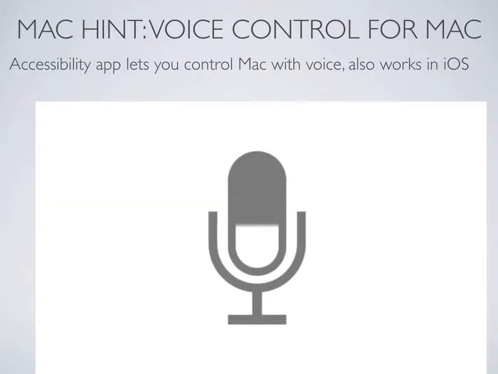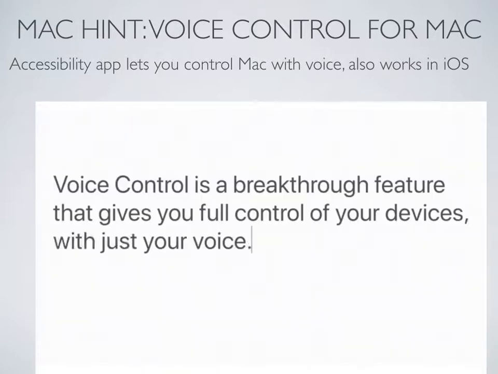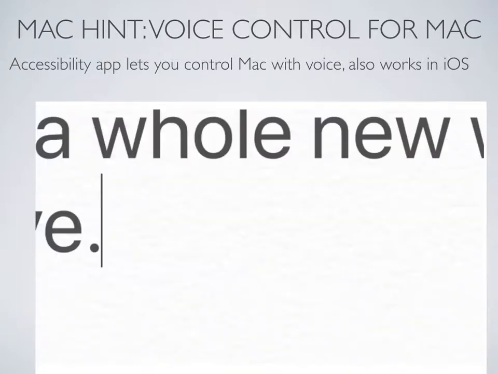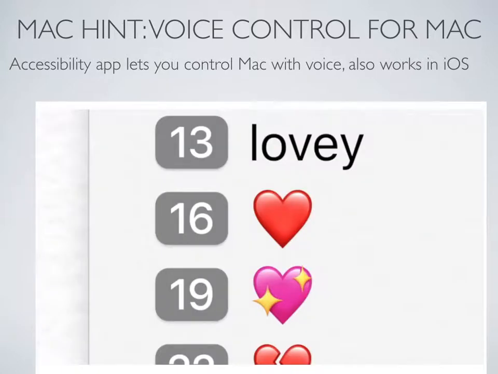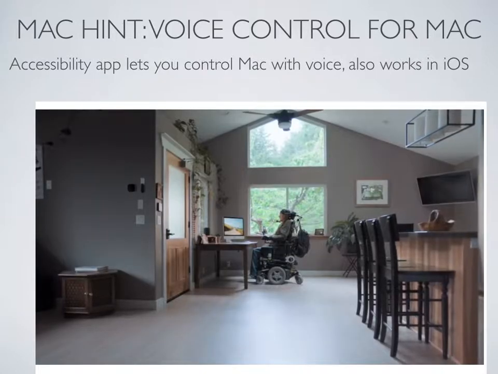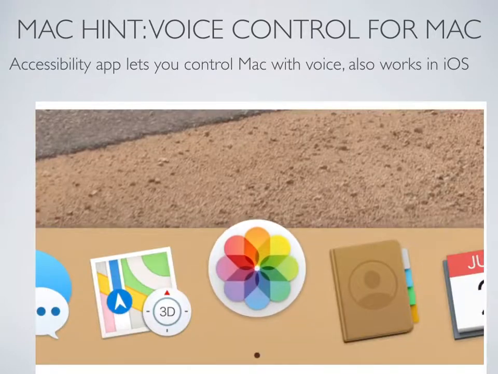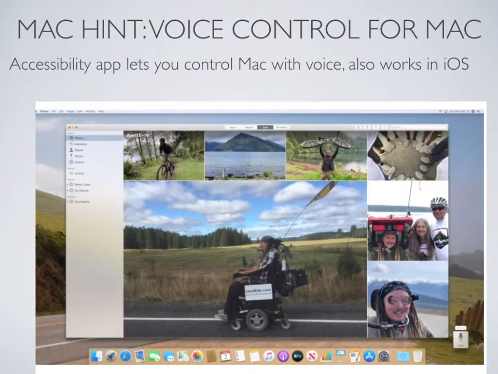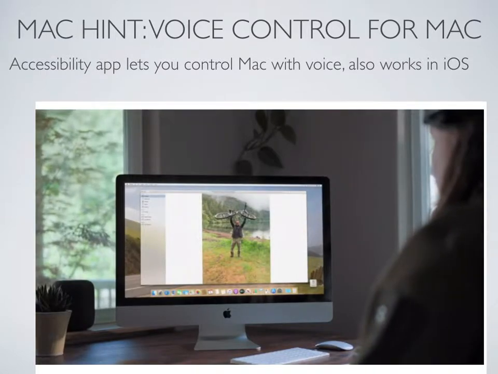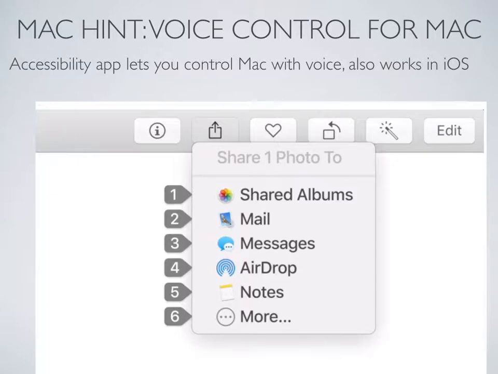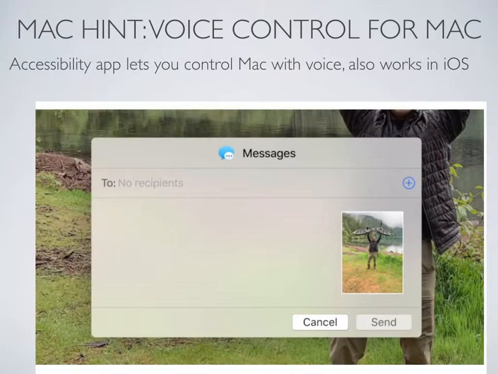Breakthrough feature that gives you full control of your devices, with just your voice. It's a whole new way to do everything you love. Like this. Open Photos. Scroll up. Show numbers. 13. Click share. 3. Tim. Next field.